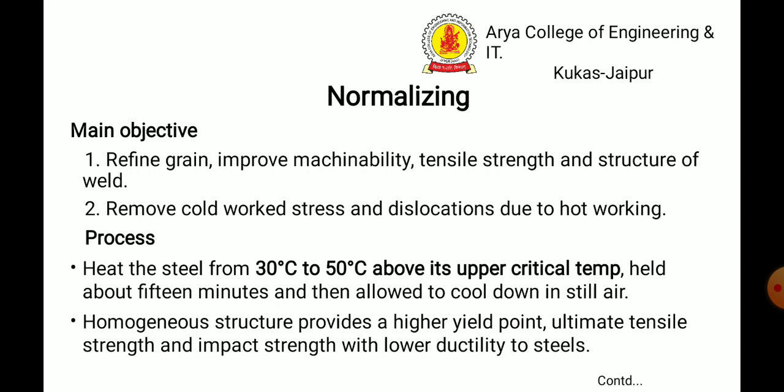The second one is normalizing, in which we heat the steel to 30 to 50 degrees centigrade above its critical temperature and hold for about 15 minutes, and then allow it to cool down in still air. Here the time of holding is restricted to 15 minutes, but the remaining parameters are the same, like the temperature range 30 to 50 degrees above, meaning near about 750 to 950 degrees, and then it is allowed to cool down in still air, again by the slow cooling method.